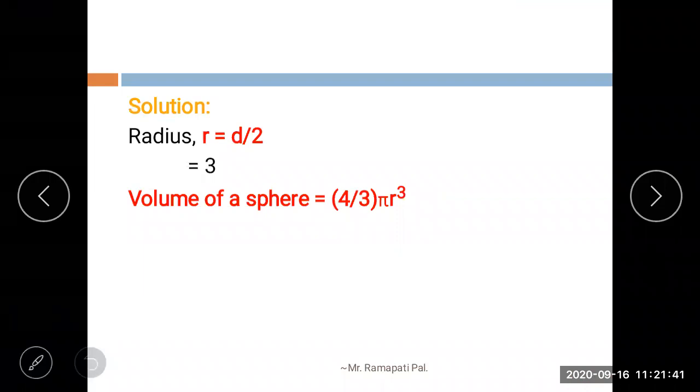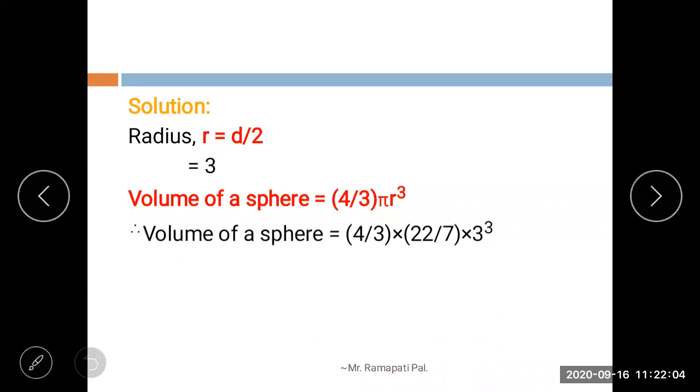Now substitute the value. Do it fast. 4 upon 3 into 22 upon 7 into 3 cube.